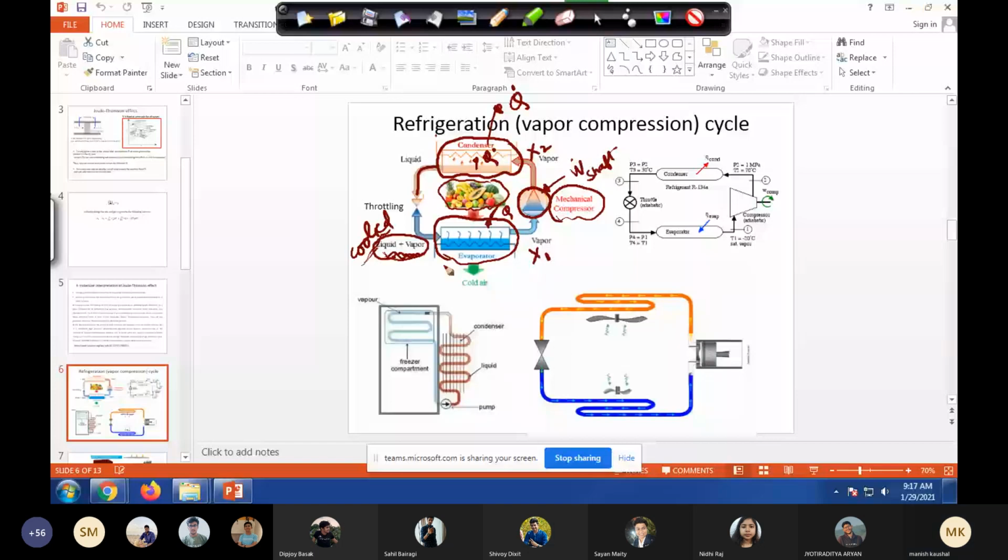Here your food items, let's say you have brought something from the market and just kept it in the fridge, so its temperature is higher. Whatever air is circulating in your fridge, when it comes in contact with these food items, that air will also become hotter, and that hot air is interacting with this cooled liquid vapor mixture.